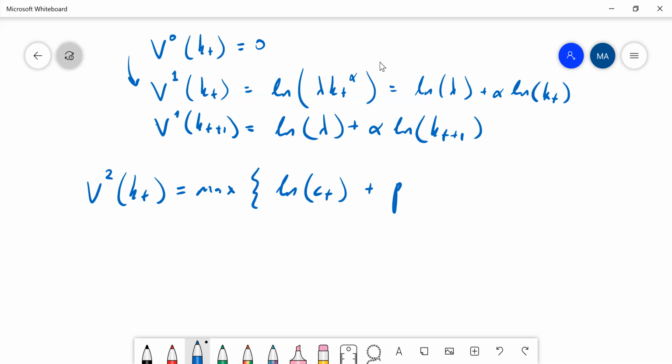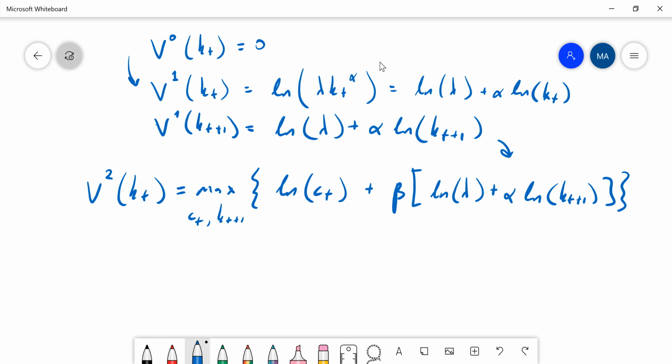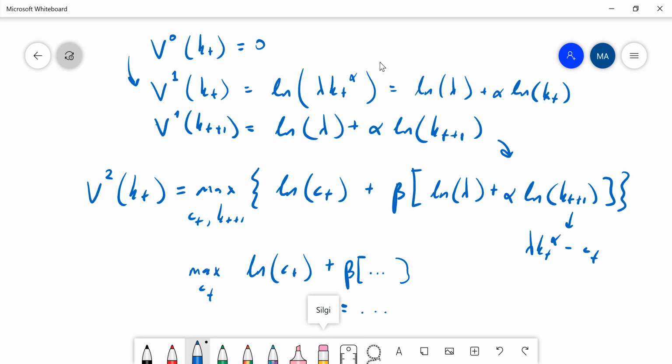Now I have again ct and kt plus 1. So if I replace kt plus 1 with lambda kt alpha minus ct, then this is only a problem in terms of ct. So you maximize ln ct plus beta, and then you find ct again.